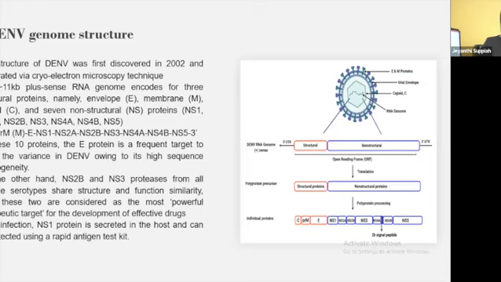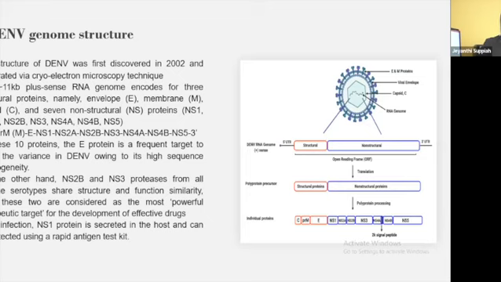And they are coded in this direction. From the 5' to 3', we have the C, the core, the pre-membrane and membrane, envelope, and all the non-structural proteins.